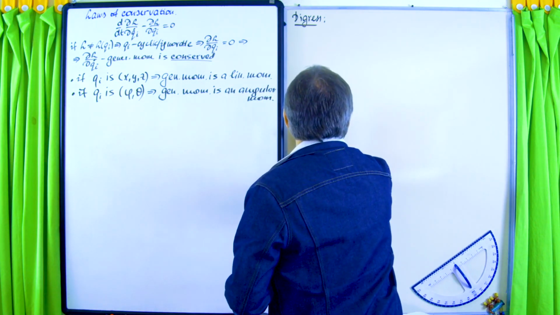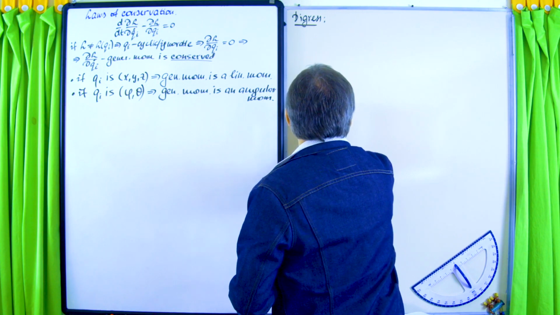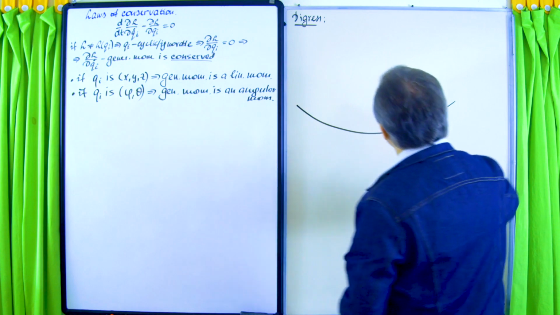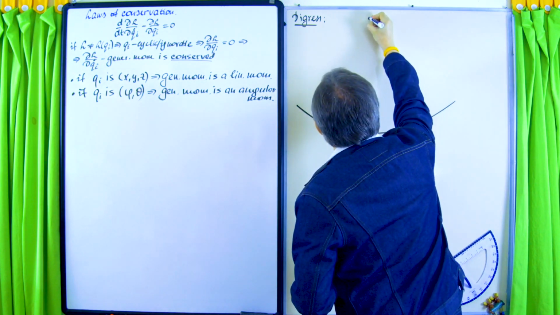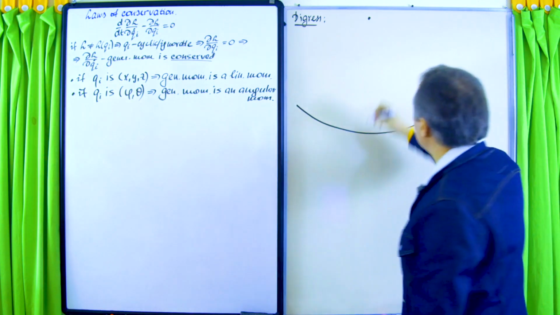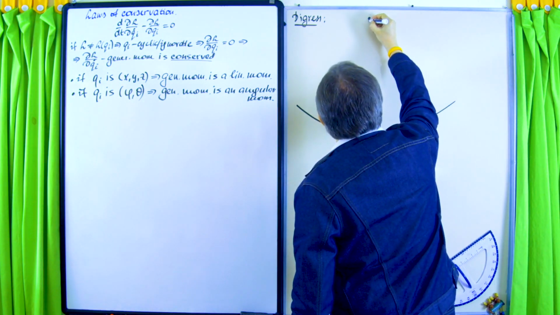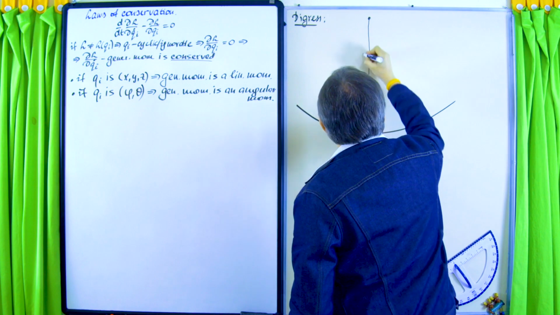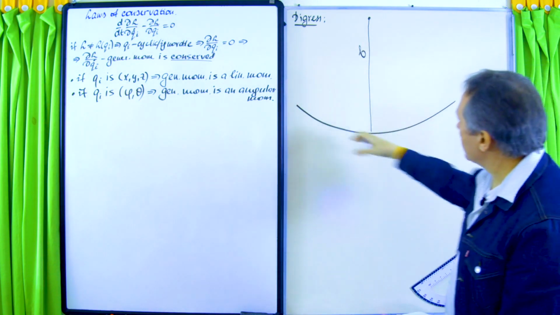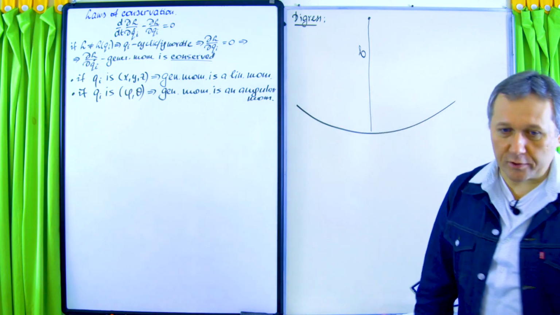So let's assume that we have this cylindrical or spherical surface, something like this, and the center of that sphere is here. Let me draw. Let's say the radius is b, and this surface is stationary.